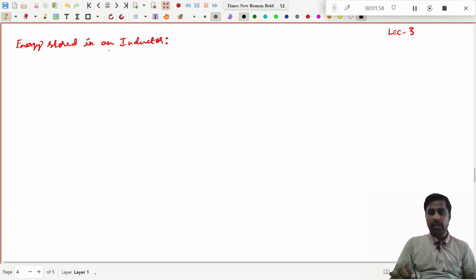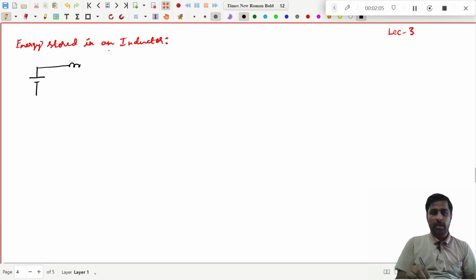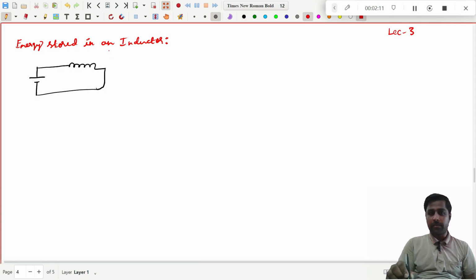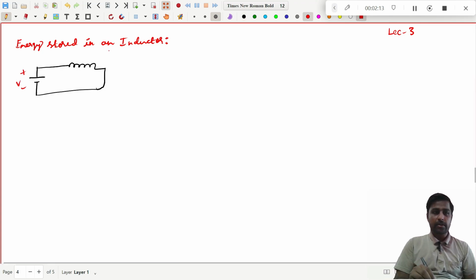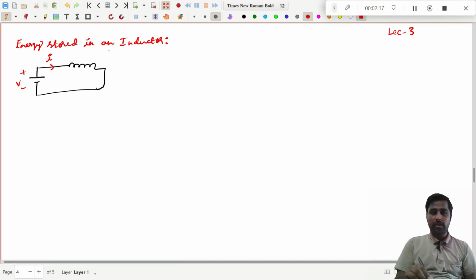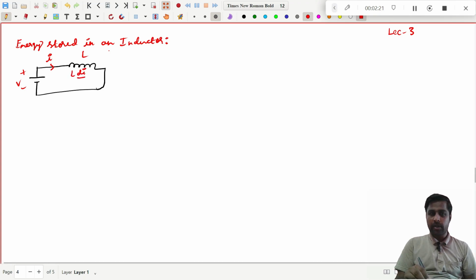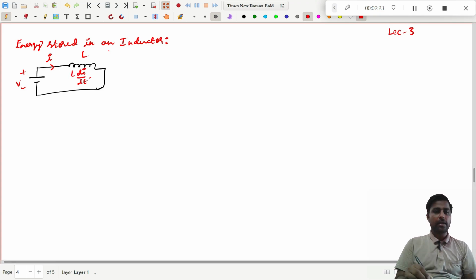So if I want to draw the diagram, it is very simple. This is the voltage source and this is the inductor. Now I am just drawing the diagram. This will be plus minus V, and this is I, and this is L. What is the voltage across this inductor? L into di by dt, right?